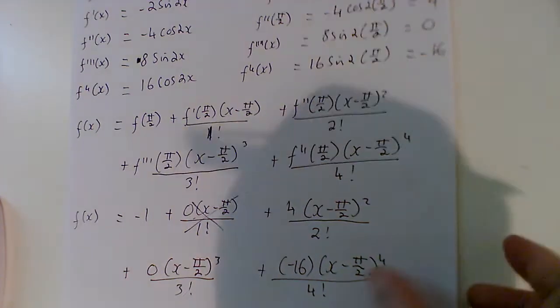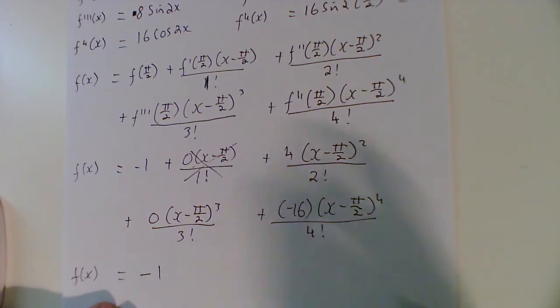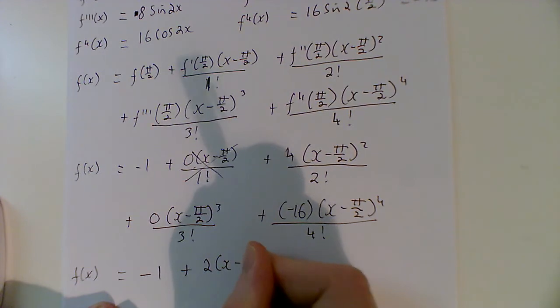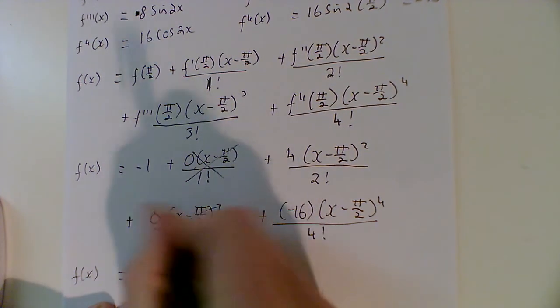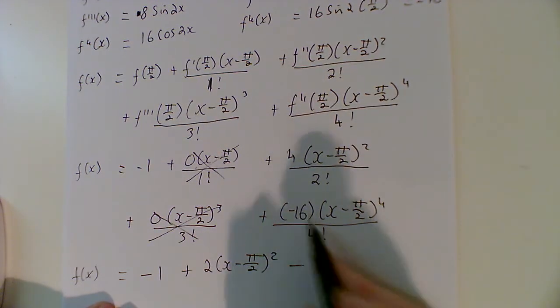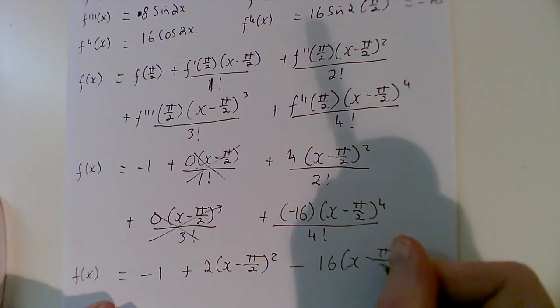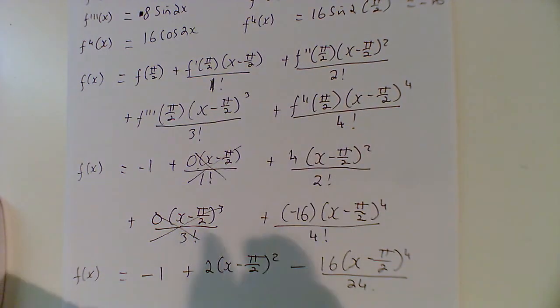Right, 2 factorial is 2, so 4 divided by 2 is 2. Right, that's 0, because 0 times anything is 0. Take away 16 over 4 factorial, well 4 factorial is 24, so let's simplify that in a minute. Right.